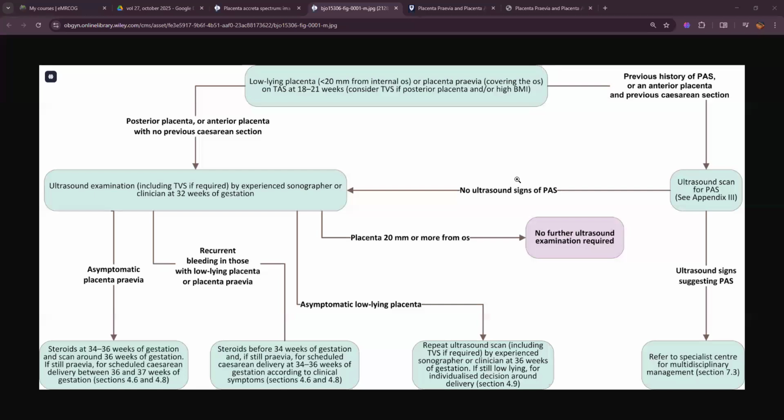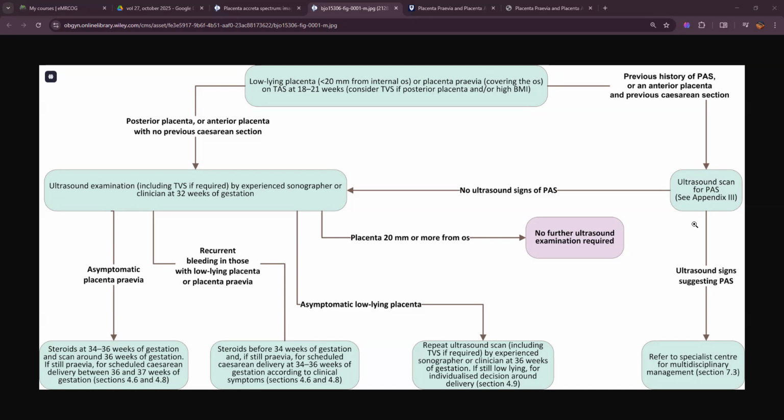If the woman is high risk, which means that she is having a previous cesarean section and anterior placenta and previous history of placenta accreta spectrum, any of them, I'm going to do a detailed ultrasound scan.